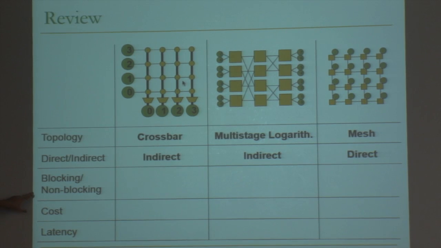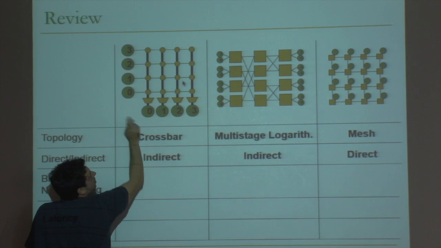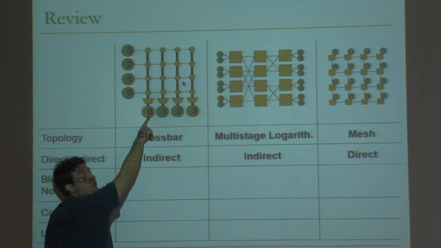Is a crossbar blocking or non-blocking? No, it's non-blocking because it can connect any possible permutation. And this is a point where you have to be careful because it might seem that it cannot, but it's not necessarily the network's fault. So let's say you had node 1 and 2, both trying to talk to node 0.